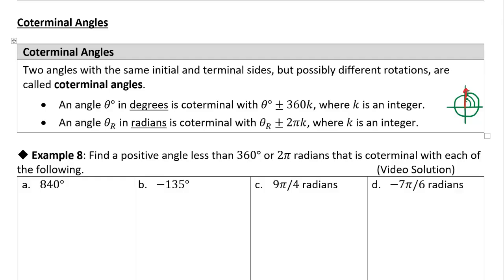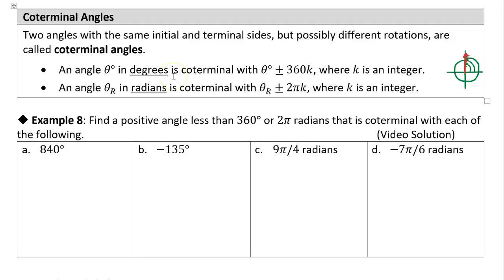An integer is just a whole number that could be positive, negative, or 0, like 1, 2, 3, or negative 1, 2, 3. In radians, we find coterminal angles by adding 2 pi times k, where k is an integer. We're just adding a full rotation any number of times.